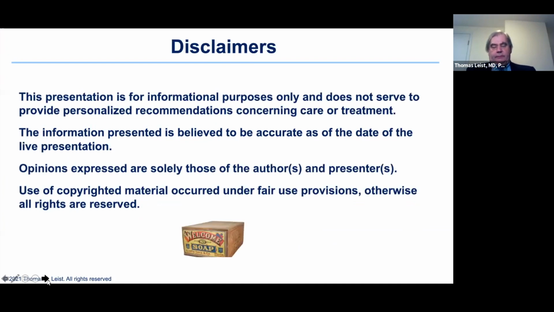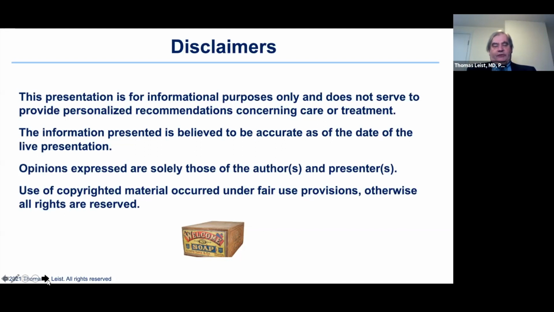Before we do that, I would like to provide you with some disclaimers. This is a program for informational purposes. This doesn't replace medical advice by a physician or a healthcare provider. As always, the content of the information provided here is thought to be correct as of the time this program was recorded.